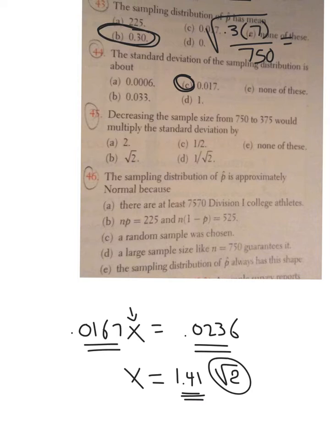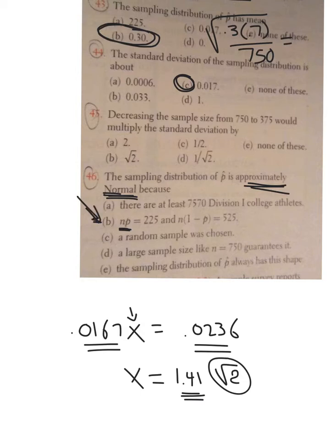And number 46 says the sampling distribution of P hat is approximately normal. How do we test if it's normal? It's that thing where if you check the sample size times the probability, if that number is bigger than 10, it's this one right here.